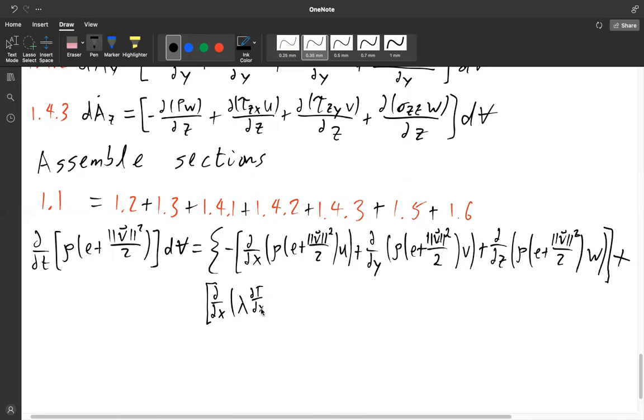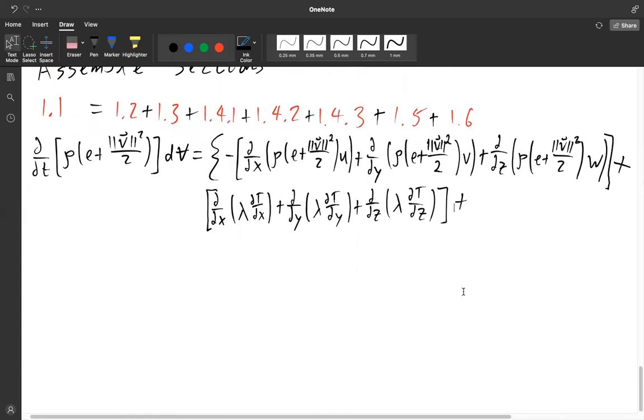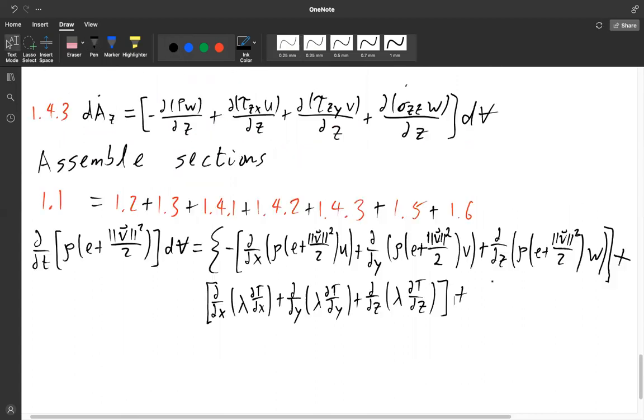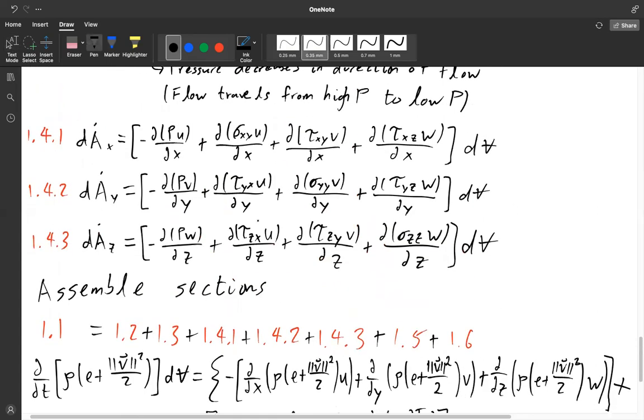Partial x of lambda partial T partial x, plus partial y of lambda partial T partial y, plus partial z of lambda partial T partial z. Plus our terms here.